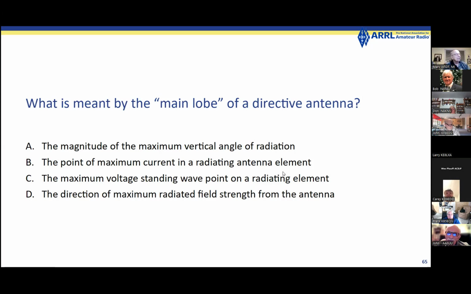Hazard a guess, anybody? D, the direction of maximum radiated field strength from the antenna. I should have said that. The secret is up here, the main lobe of a directive antenna.